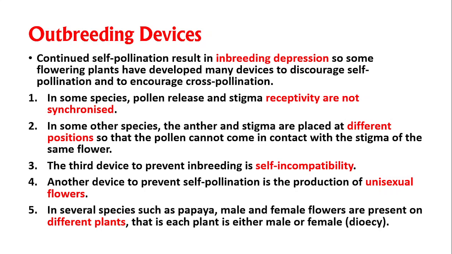What is inbreeding depression? It is the condition in which, due to continuous inbreeding or self-pollination, the same genes get accumulated and no other variations are seen.